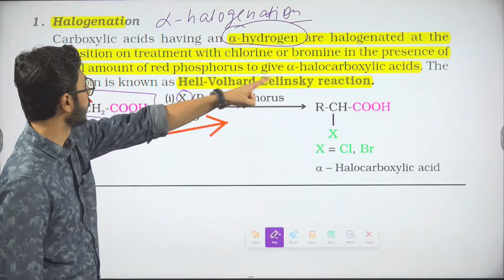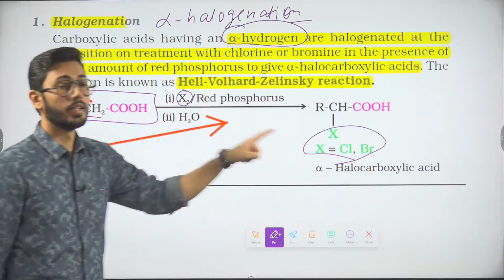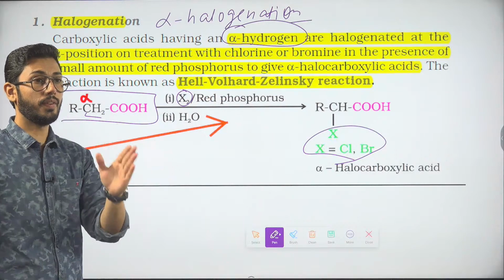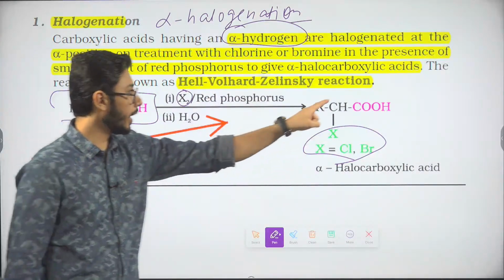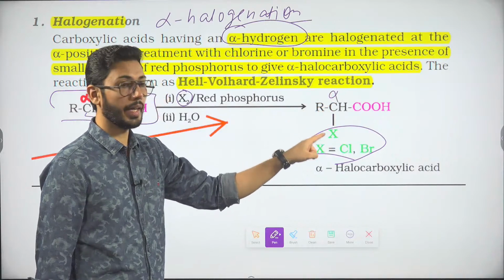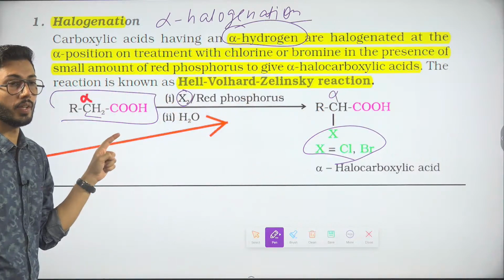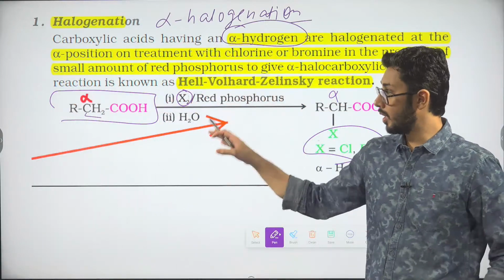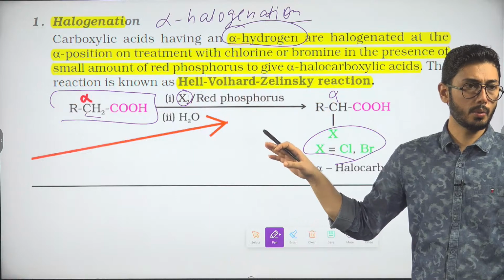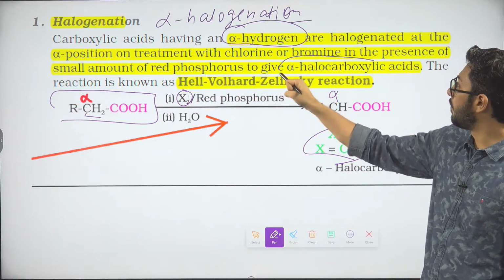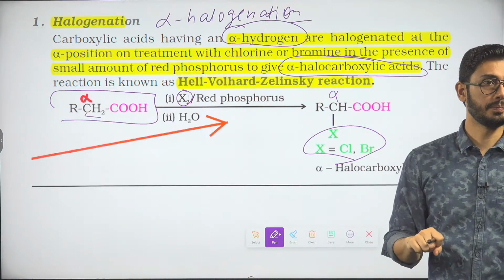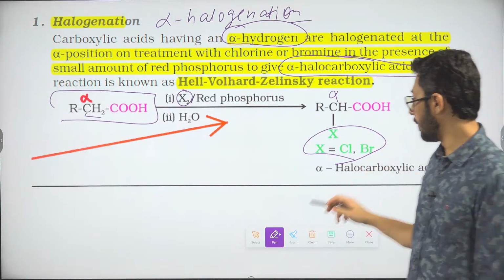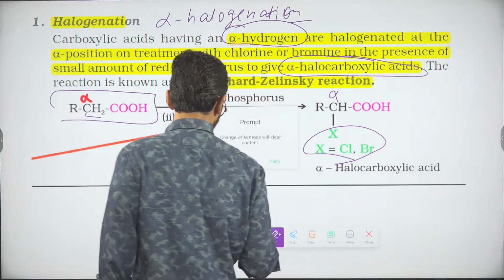When you take this one and second step H2O, final answer is alpha halogenation. So in alpha position, you will write Cl or X depending upon whatever halogen is given. This reaction takes place in carboxylic acids which have alpha hydrogen. Final answer is alpha halocarboxylic acid in presence of red phosphorus with halogen. It's a name reaction, HVZ, Hell-Volhard-Zelinsky reaction.